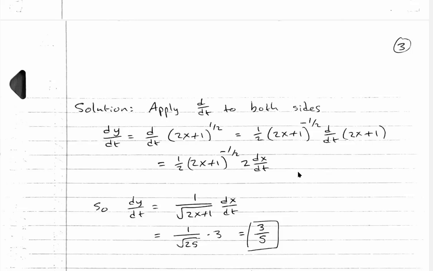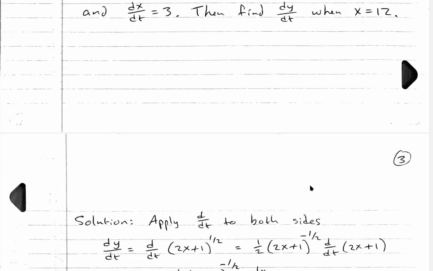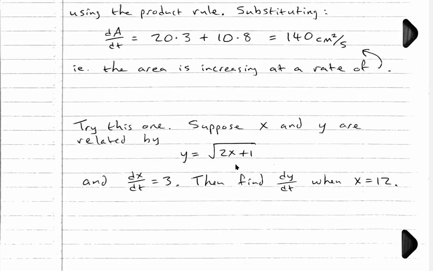Okay, so that was an easy one. But those are the main ideas. Applying d/dt on both sides. Chain rule.